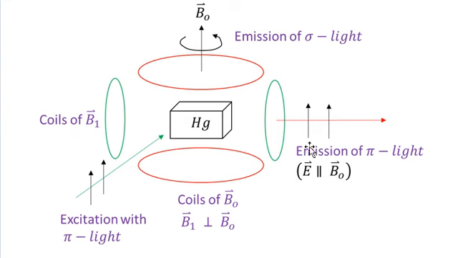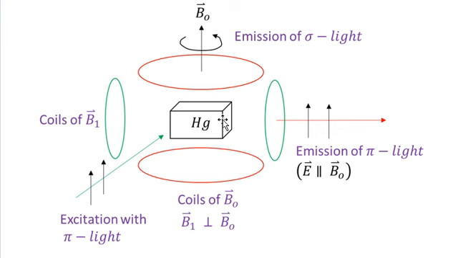You see that in this diagram I have a cavity, a cuvette contained between the two magnetic fields, that contains mercury atoms or mercury vapors. And I have applied a magnetic field B0, which has been shown by the red coils.